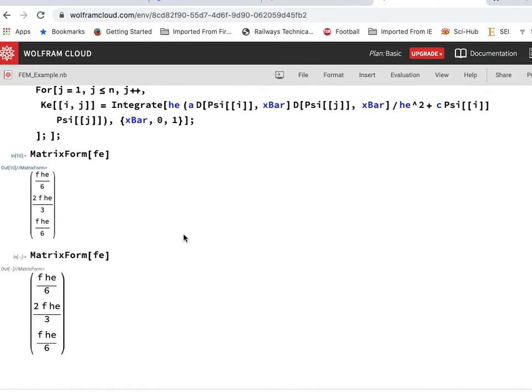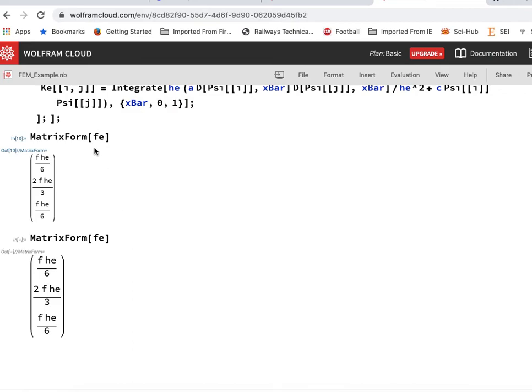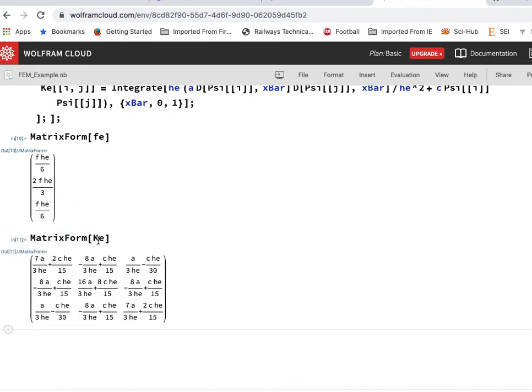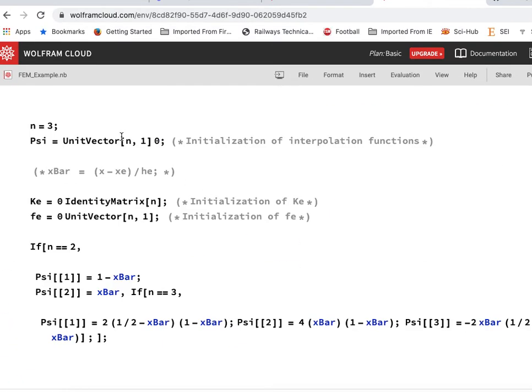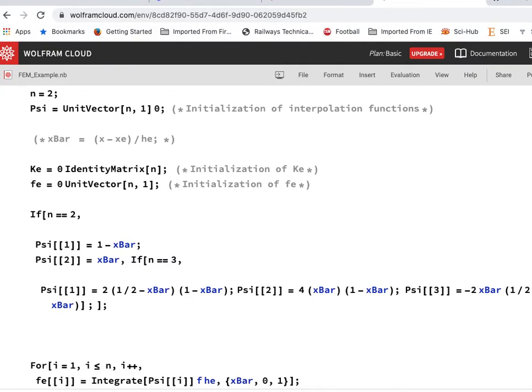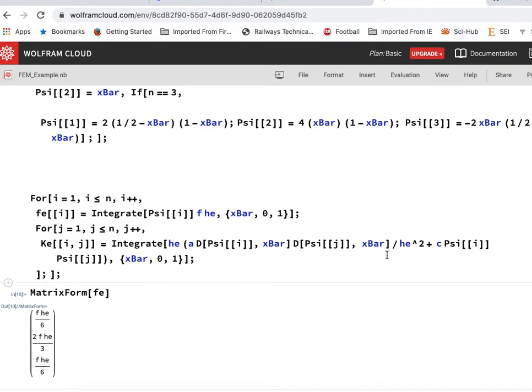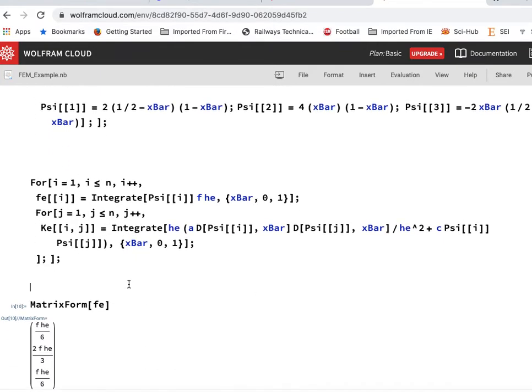You can do the same for n equals 2. Let me run this same program for n equals 2, and it has run. I will first evaluate the matrix form of Ke.